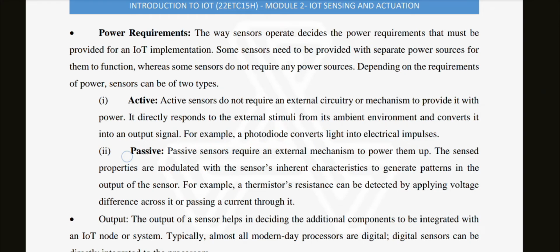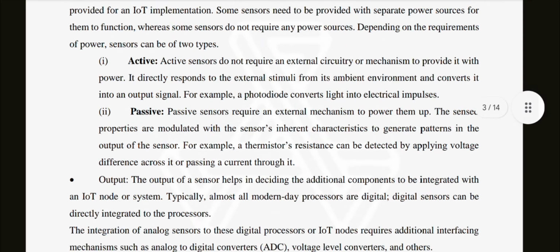Active sensors. Active sensors do not require any external circuitry or mechanism to provide them with power. They directly respond to external stimuli from the ambient environment and convert them into the output signal. For example, a photodiode converts light into electrical impulses.